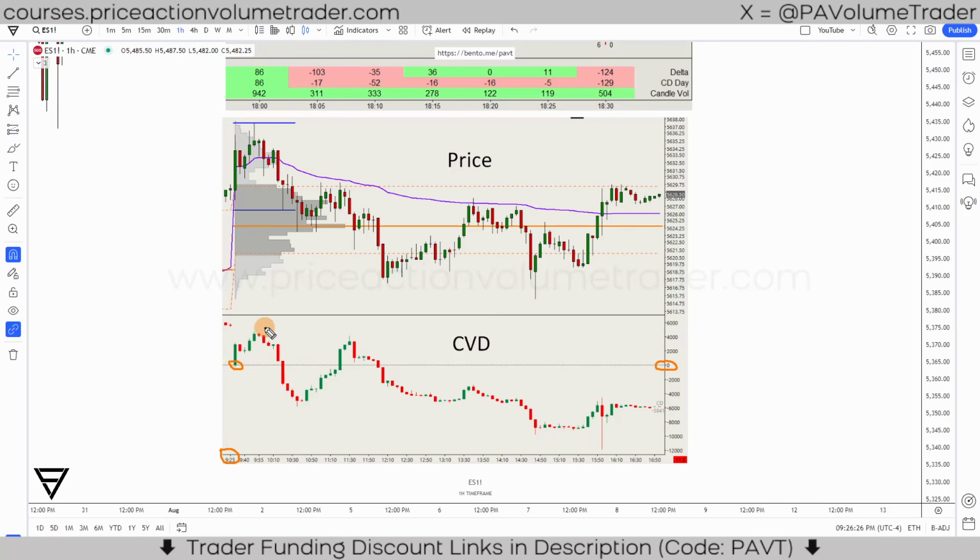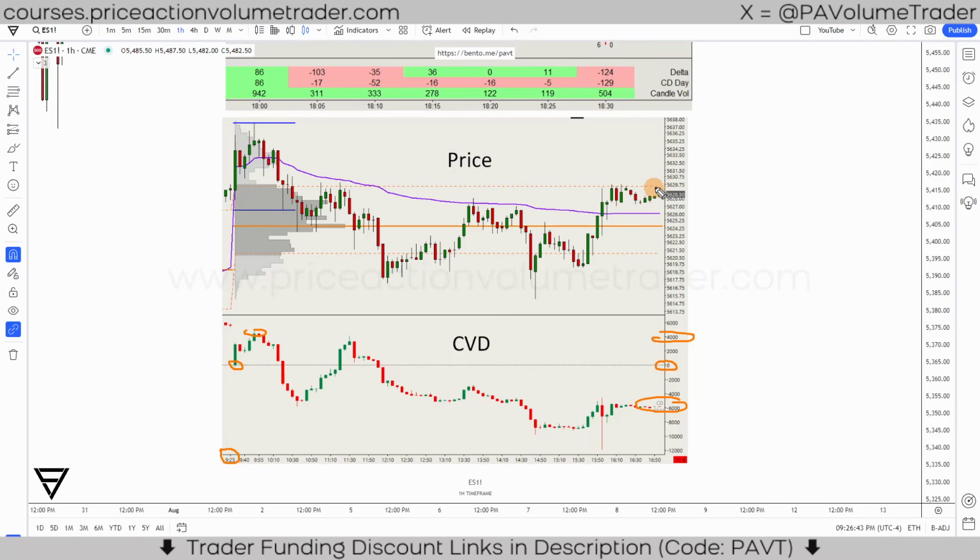So you can see here, right at the open, we had a big push up right around the 4,000 contracts positive delta. But then by the end of the session, we were closing at around a cumulative delta of minus 6,000.